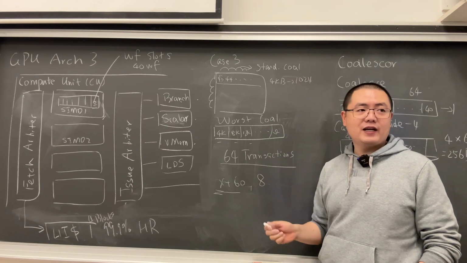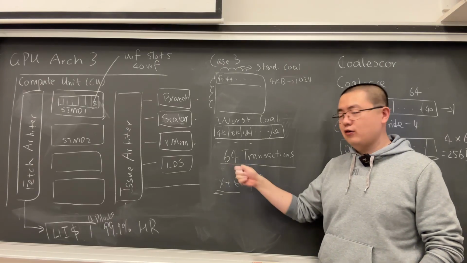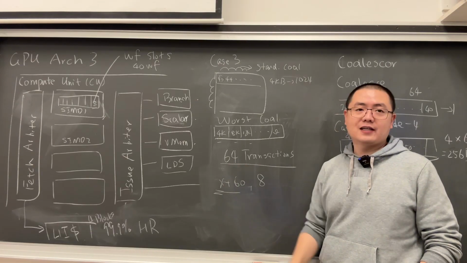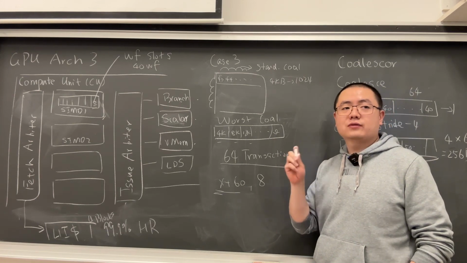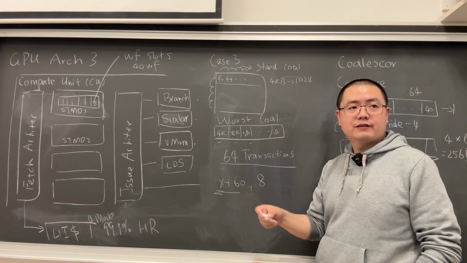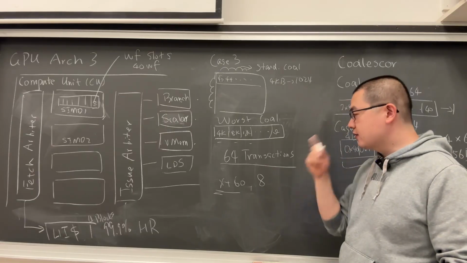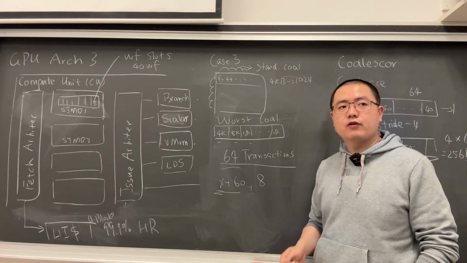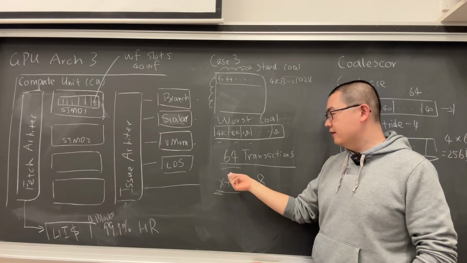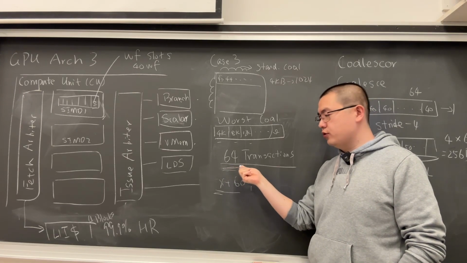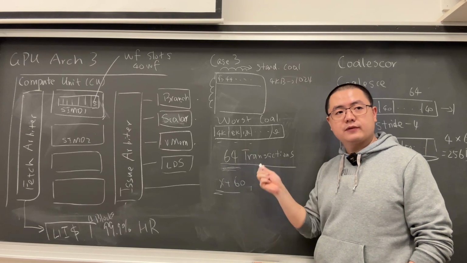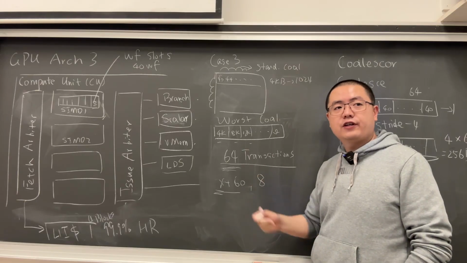In this case, you may need 65 transactions. That can happen, so your hardware has to handle these cases to generate the right number of transactions. This is definitely the worst performance you can expect, and we can try to see if we have opportunities to address this problem by carefully writing our program.